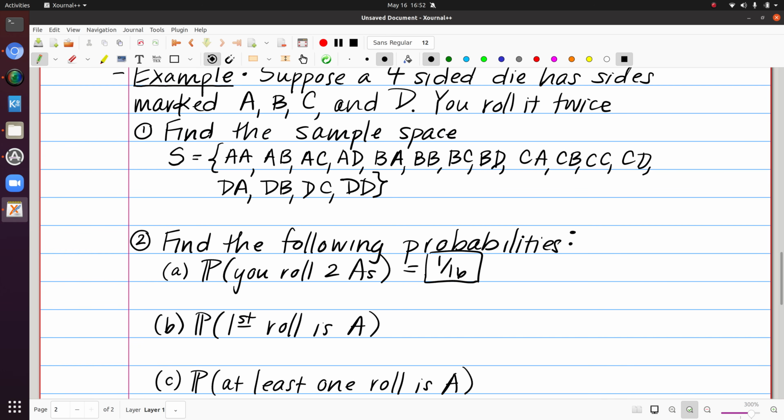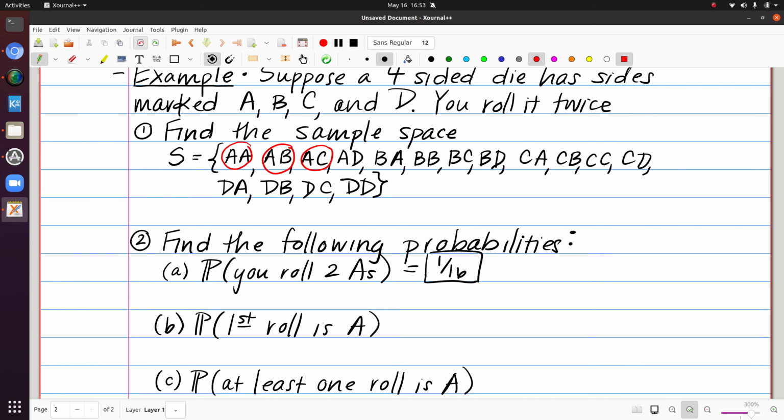Now, if we say the probability that the first roll is A, notice that, again, having the sample space listed out can be useful here because I can go back and actually identify how many outcomes this corresponds to. So the first roll is A. You see there are 4 of my 16 possible outcomes.